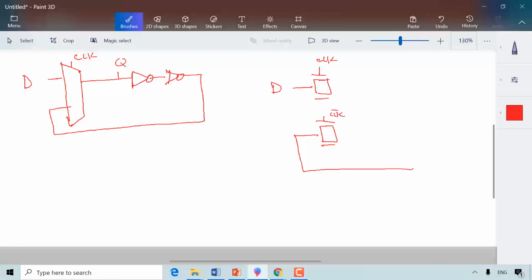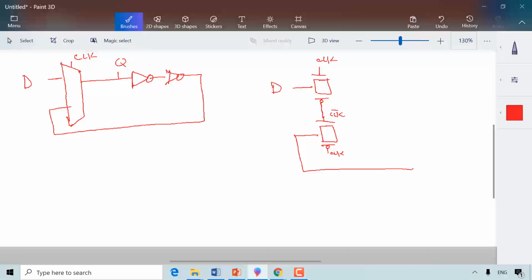Okay, and this one here is a PMOS, which is open by clock prime, and here is a PMOS which is controlled by clock.